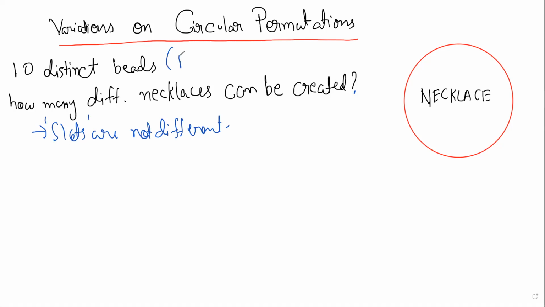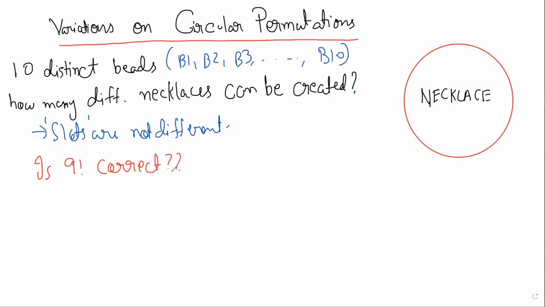So obviously we can say bead number 1, bead 2, bead 3, and so on. So why is anyone not saying 9 factorial? Is 9 factorial correct? Just like previously it was n minus 1 factorial, here it is 9 factorial, correct?